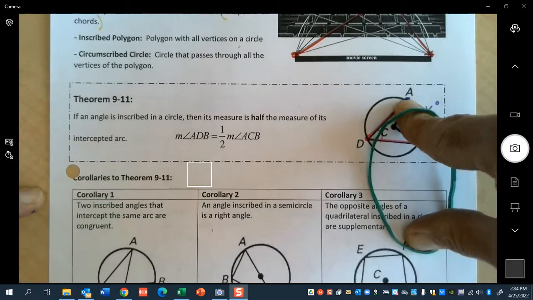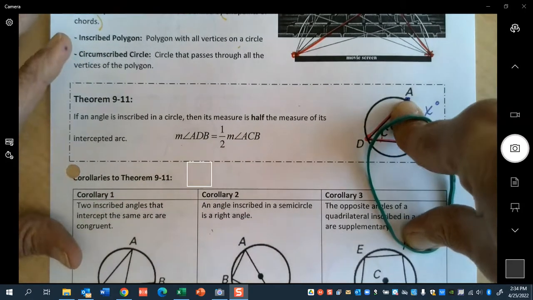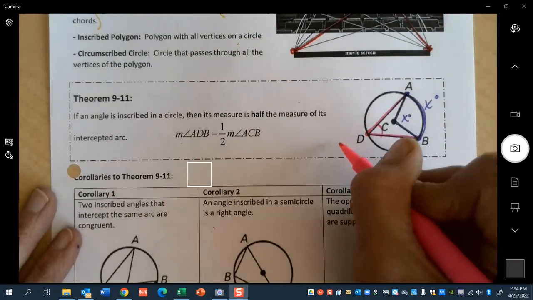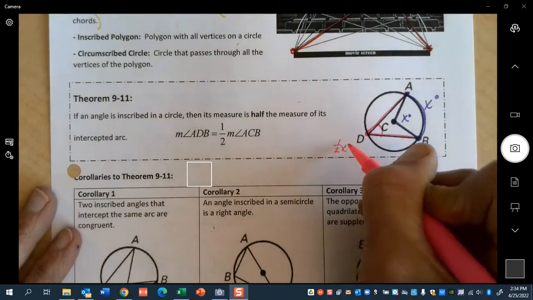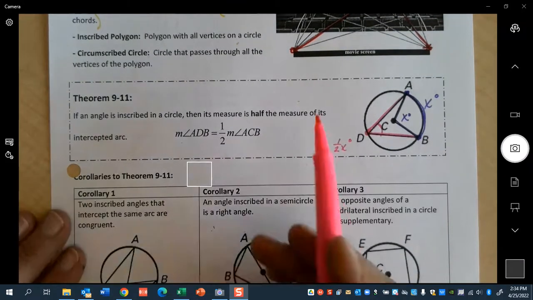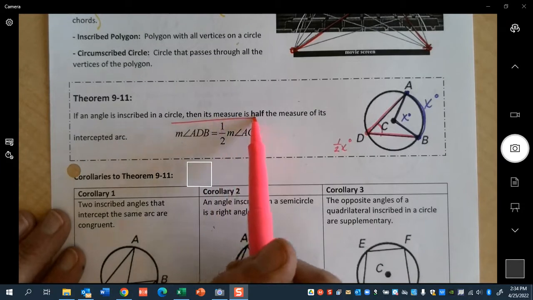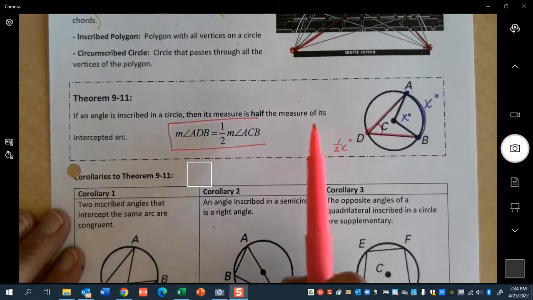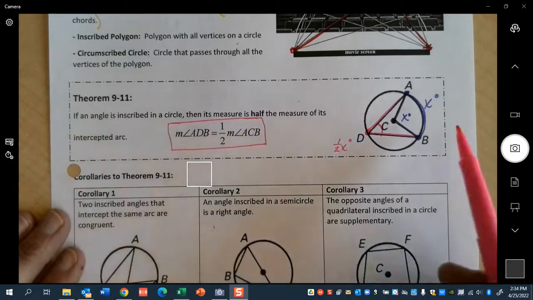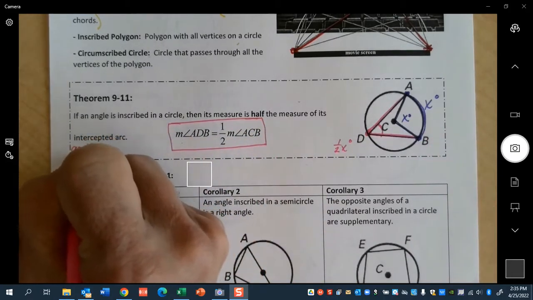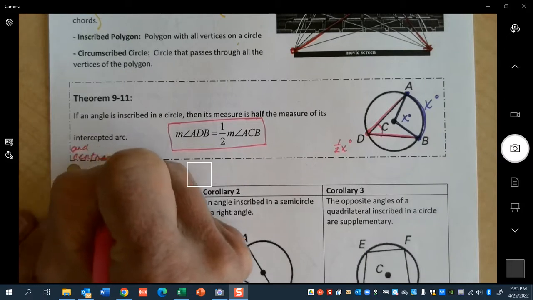Smaller? It is half. What did I say? It is half. If you have an inscribed angle, its measure is half the measure of the arc and the central angle. Whoa.